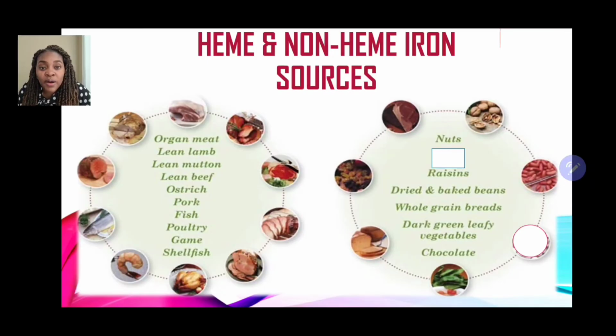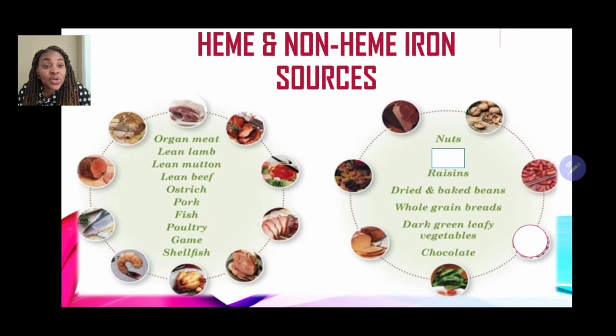Now we speak of organ meat, lean lamb, mutton, beef, pork, fish, poultry, game, and also shellfish, right? So those are examples of heme iron sources and they're from the animal group, right? Food from animals, right? They're considered as heme iron sources and they are readily absorbed into our bodies.